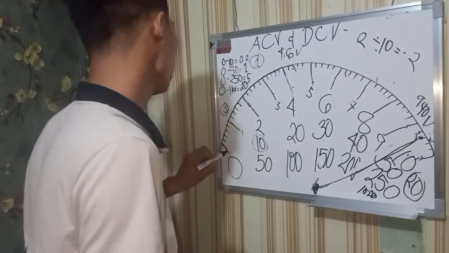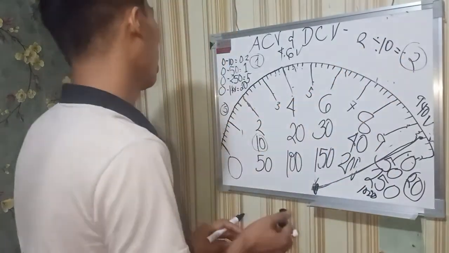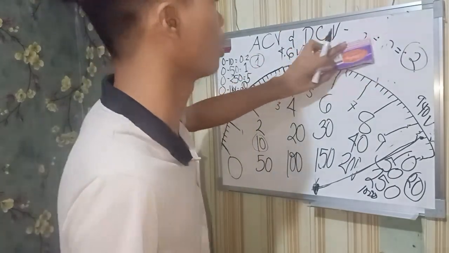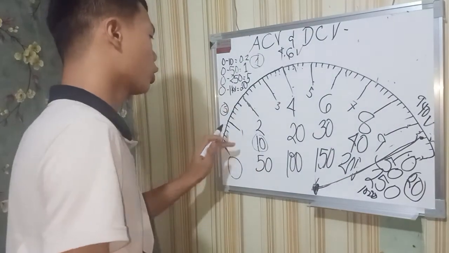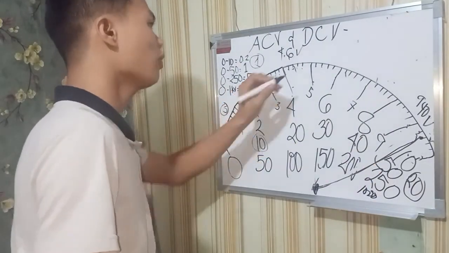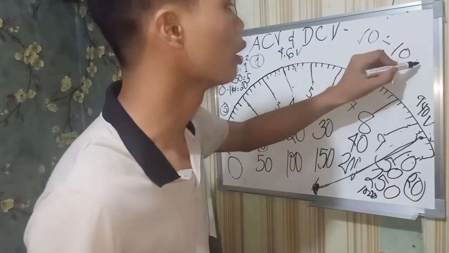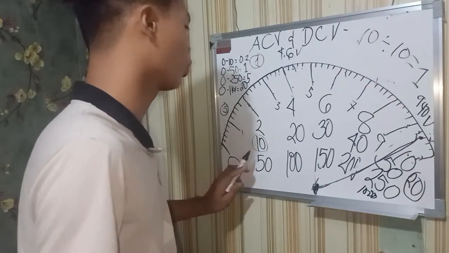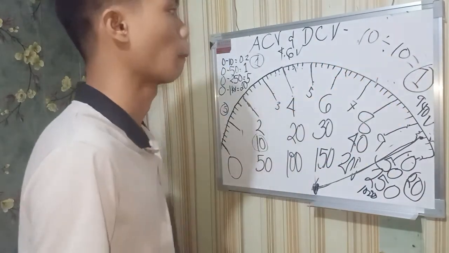So the graduation in 0 to 10 is 0.2. How about 50? Each division contains 10. So 10 divided by 10 is equal to 1. In 0 to 50, the graduation is 1.